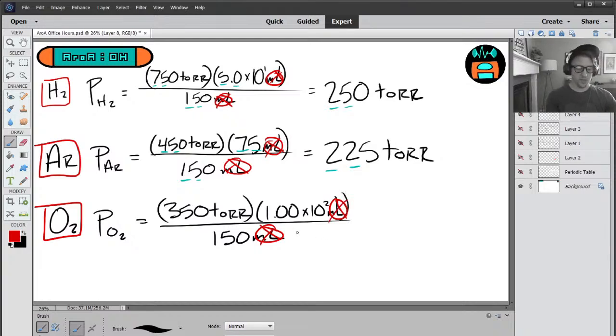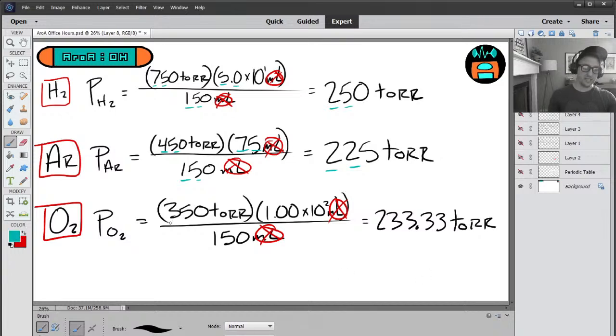Milliliters cancel. We get 350 times 100 divided by 150. There we go. This comes out to be 233.33 forever, actually.